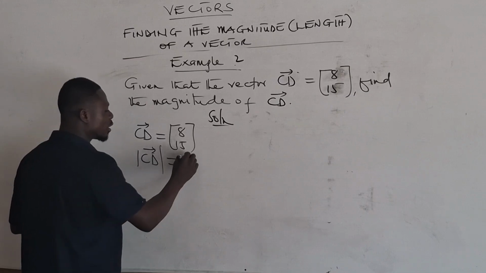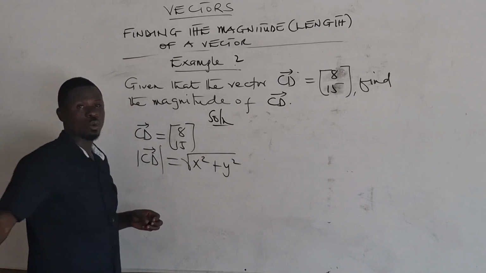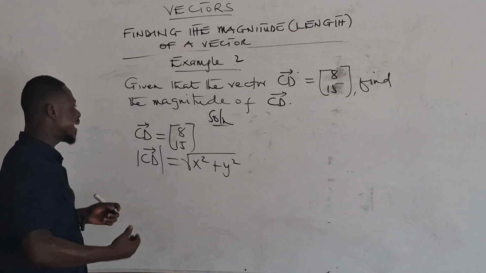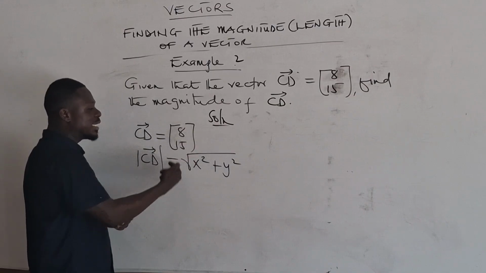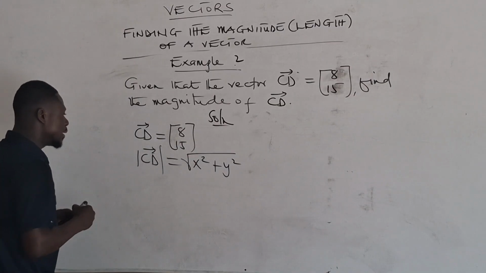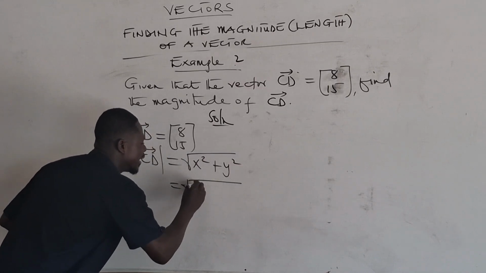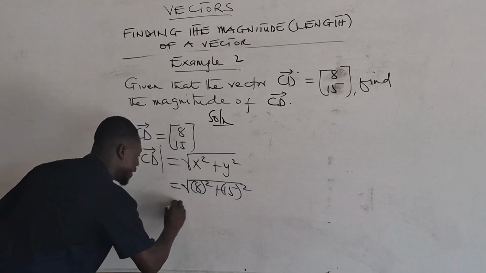The magnitude is equal to the square root of x squared plus y squared. So by substitution, we're going to put 8 in place of x and 15 in place of y. So we will have 8 squared plus 15 squared.